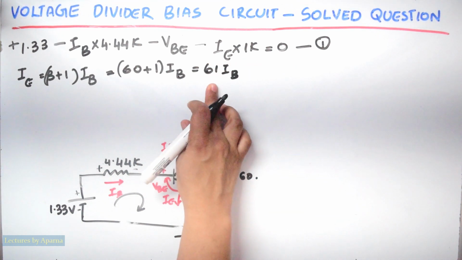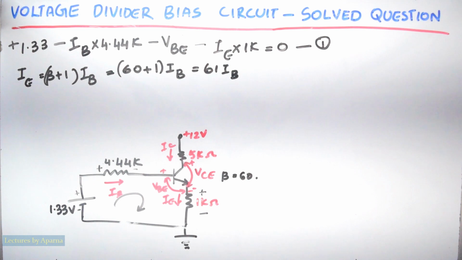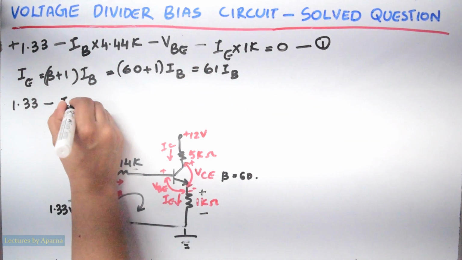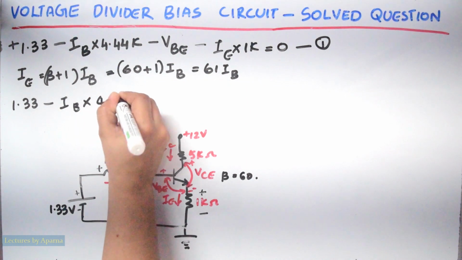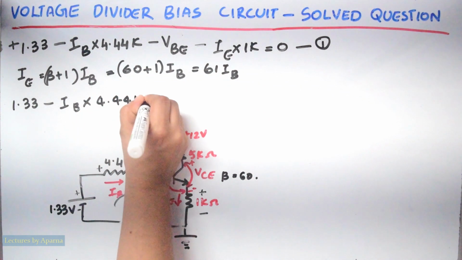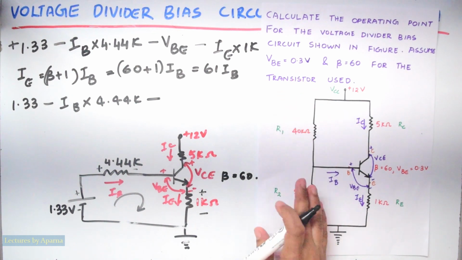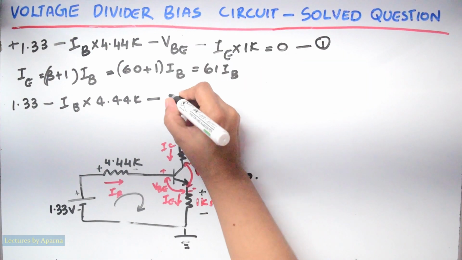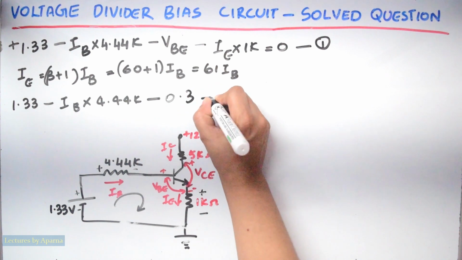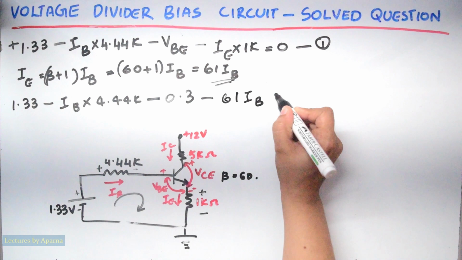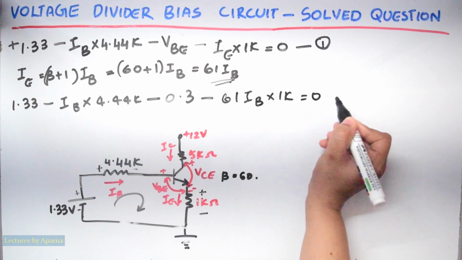So substitute that value in this equation. 1.33 minus IB into 4.44K minus VBE, it is given that VBE is 0.3, so 0.3 minus IE, 61 IB, into 1K is equal to 0.